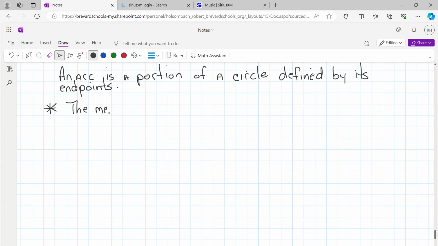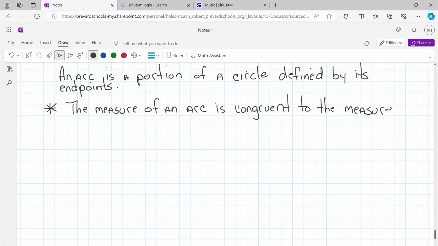The measure of an arc is congruent to the measure of its central angle.